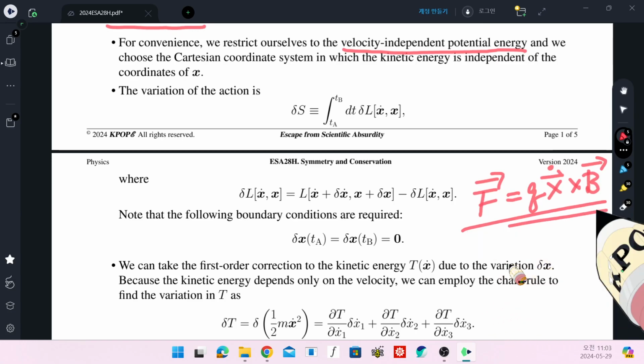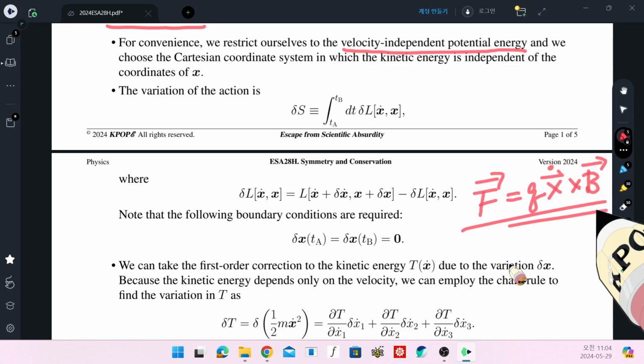Because of this, the potential energy must be dependent upon the velocity. However, it is a little bit extremely complicated for us to study at the moment. It will be postponed until we study relativity and electromagnetism.